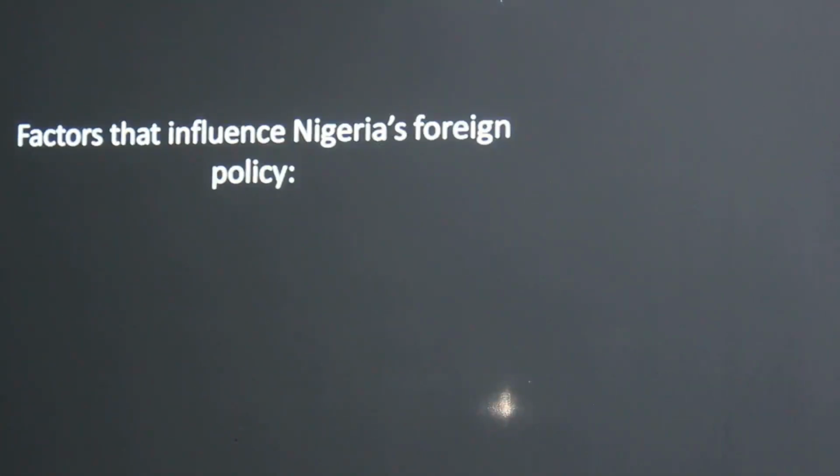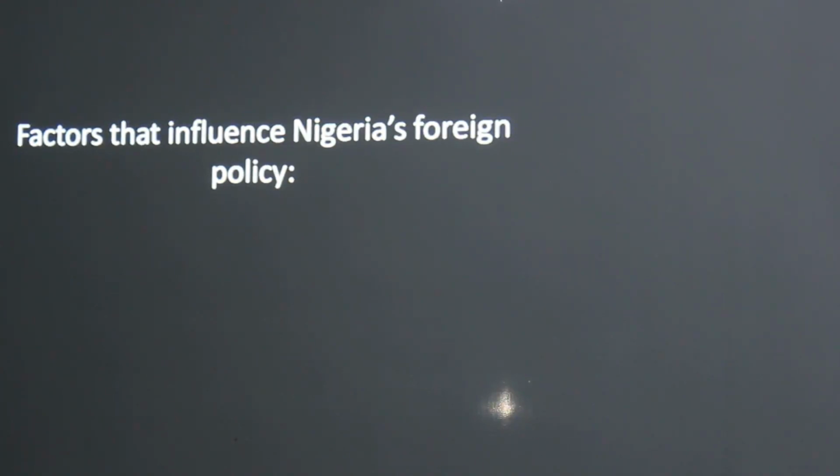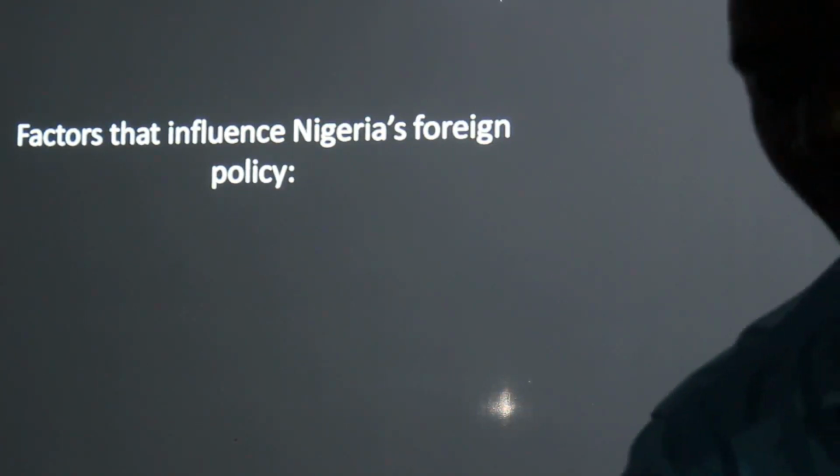So let's see factors that can influence Nigeria's foreign policy. Factors. What are those things that can actually influence the policy or the decisions or the guidelines of a particular country as it relates with other countries of the world? Now we pick them one after the other. One, we have national interest.